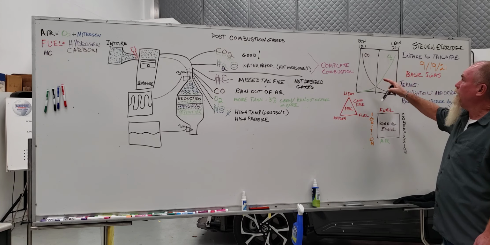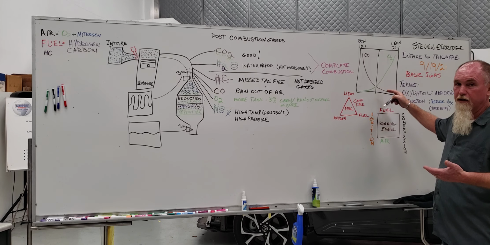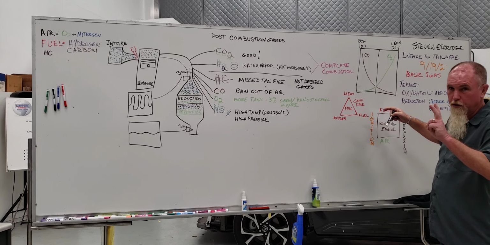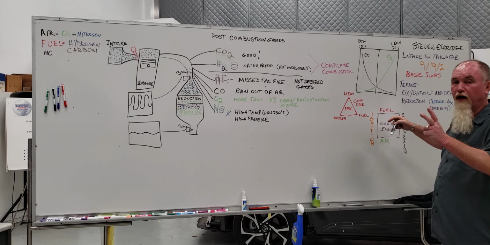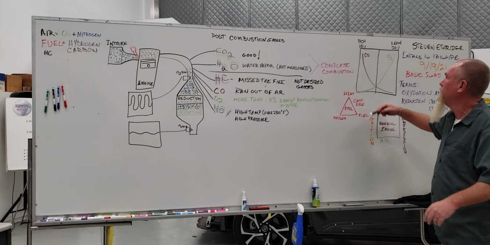If you take a look at the air-fuel ratio chart and you take a look at your 5-gas analysis, you can take a look at 2 gases and identify whether or not you have gotten to the point where you're running rich or lean. If you get down to 10.0 to 1, a rich mixture, you're going to have high CO. And you can see on the graph as you go leaner and leaner, the CO goes away with complete combustion.